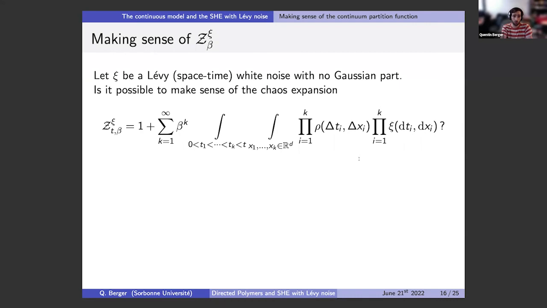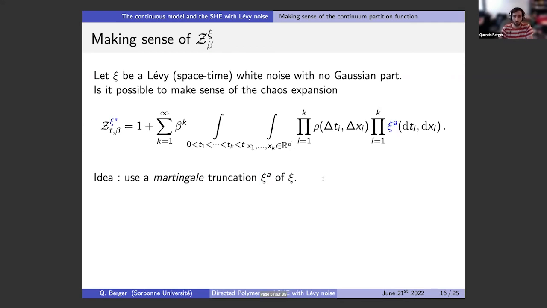So what we did was to use an approximation of the noise. Instead of looking at that quantity with the full Lévy noise, we use a truncation of the noise. We are able to define this because the noise is truncated, so it doesn't have problems defining the integrals.